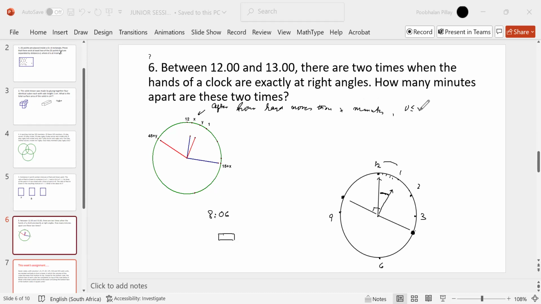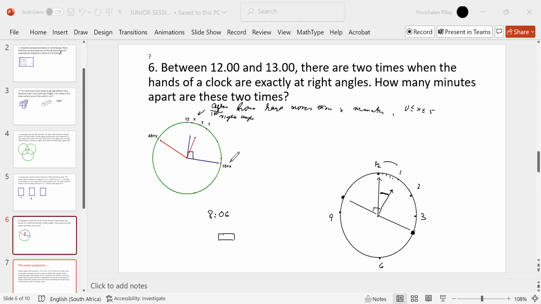Remember that X will have to be between 0 and 5, because we're going from 12 o'clock to 1 o'clock. So instead of after, we'll say first right angle. In other words, when the hour hand moves to X here, it is at right angles to this black one.